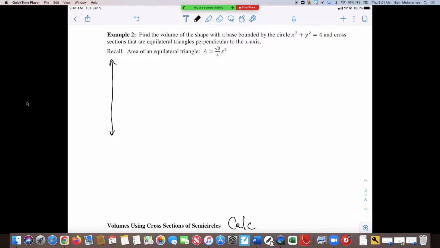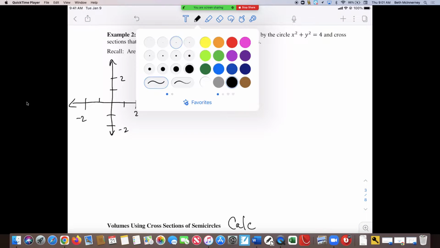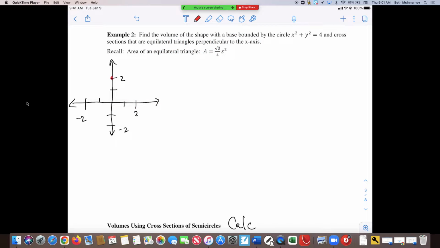What's the radius of this circle? 2. And no one is looking for perfection on your sketches. They're for you. But I find it difficult to do these problems without a sketch. So here's my circle.